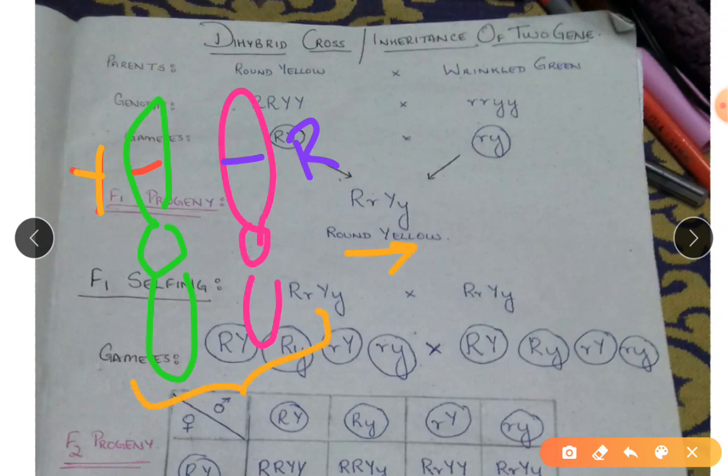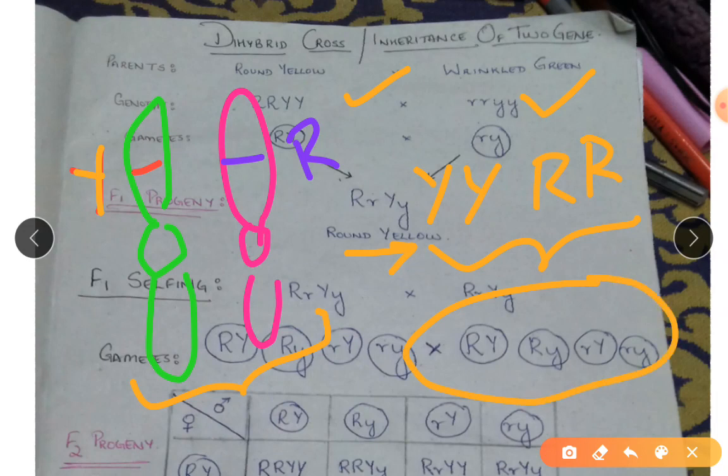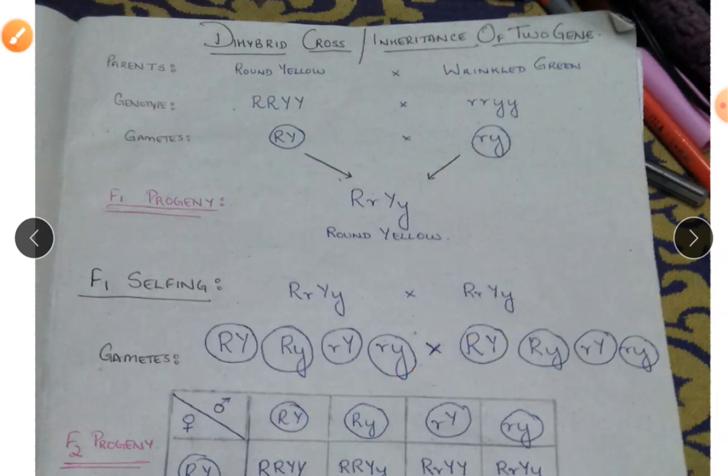When replication occurs, it is Y, Y, R, R. That is what your parents are. So don't worry, we have followed the textbook. First comes RR and then YY. So when the gametes have to separate, there is R and Y in one gamete, and another gamete R and Y. I hope it is clear.